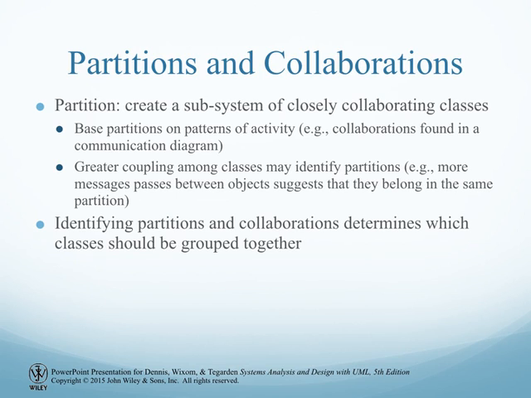Partition and collaboration is, instead of grouping them by how similar they are or whether they are part of another item or something like that, this is grouping them by how they interact with each other, how much they rely on each other. An example of that would be a doctor's appointment, where the patient and the doctor's appointment are pretty tightly interwoven.